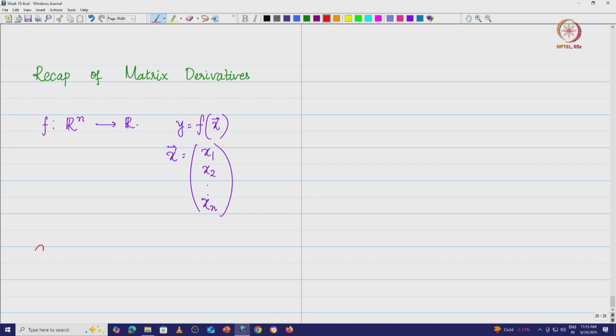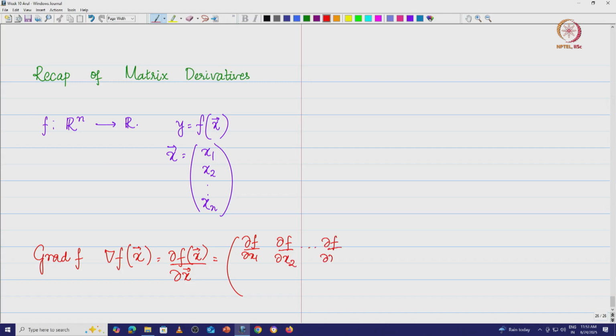So, we have the gradient of f, which we called grad f. The gradient of f is nothing but dou f of the x vector divided by dou x vector, which you can take as dou f by dou x1, dou f by dou x2, etc., dou f by dou xn.